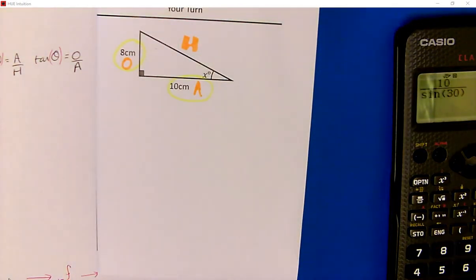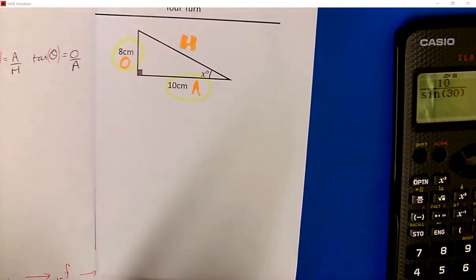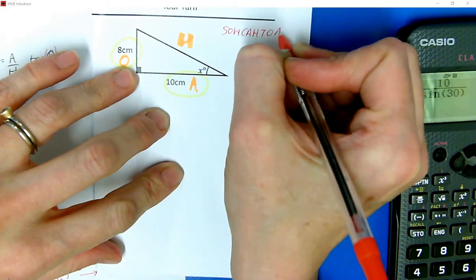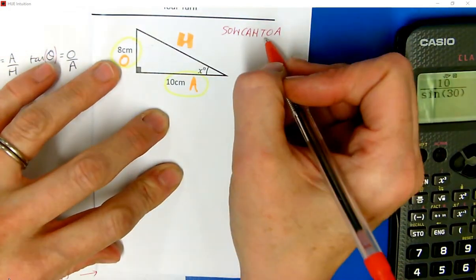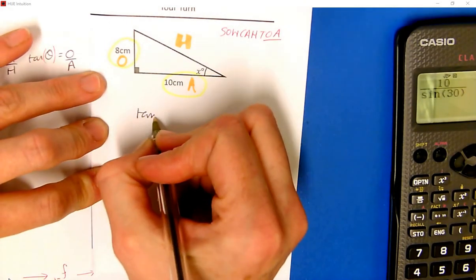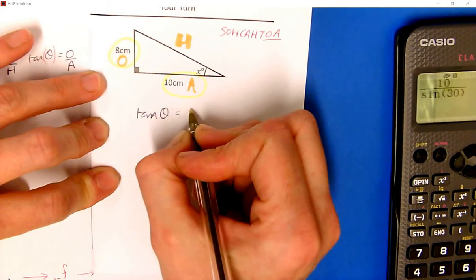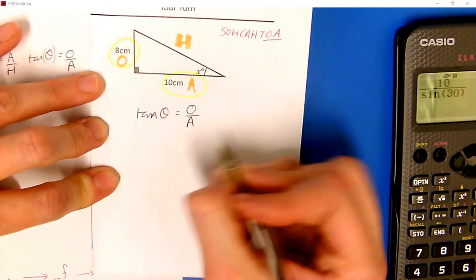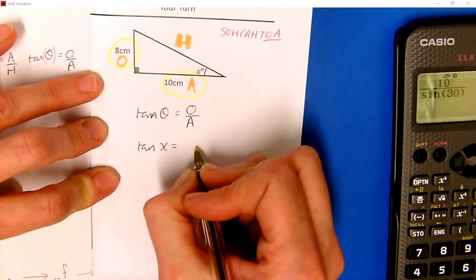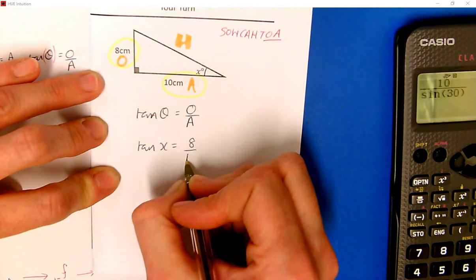Okay, so thinking SOH CAH TOA, O and A, so we're going to use tan. So we've got tan of the angle is the opposite over the adjacent. So tan of the angle x, the opposite is 8, and the adjacent is 10.